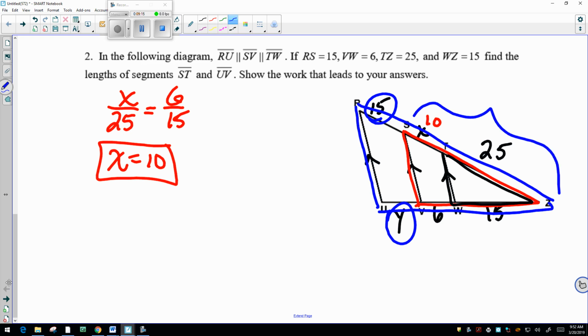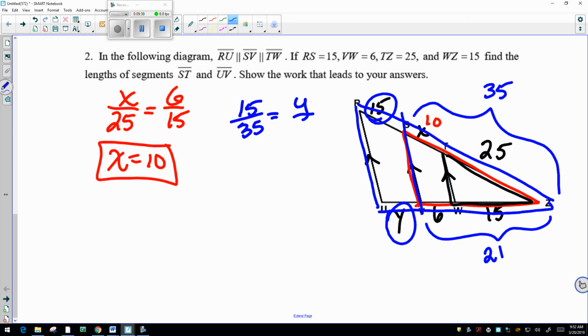How big is that whole length? 35? And I would need this whole length here. How much is that whole length? 21. So do you see how in the blue triangle what I have done is I've used this parallel line and I've split it up so that we have parts with parts. So by saying that, I could compare 15 and 35 to the other side's parts, which would be Y and 21.